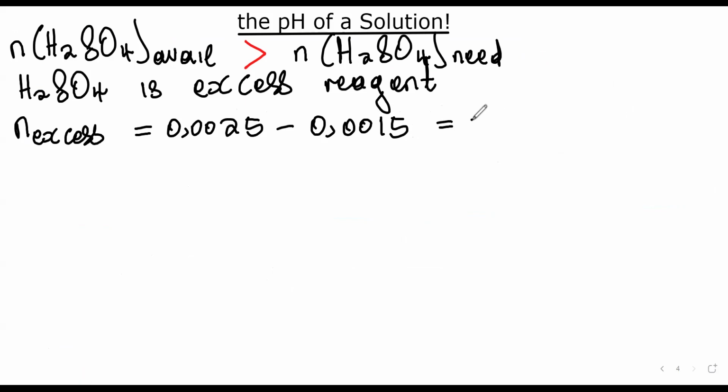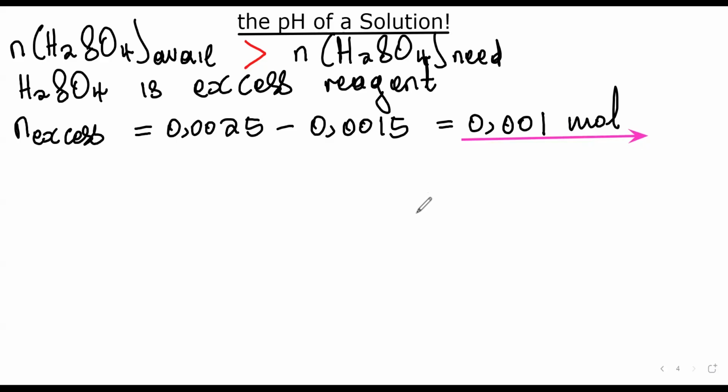When we find the difference between these two, we find the number of moles that are in excess. These are the moles that determine the final pH, the pH of the final solution.